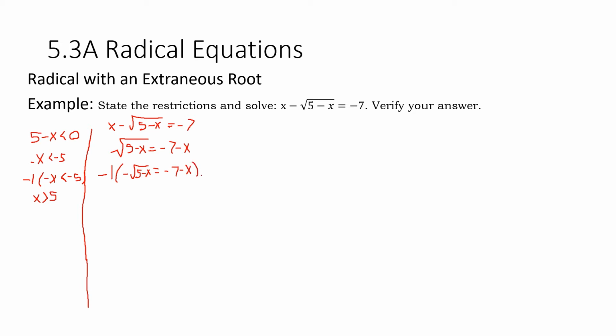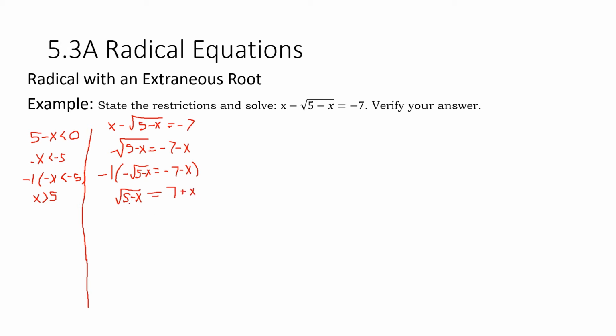Remember, the net result of multiplying something by negative 1 is that all of your terms change signs. So negative 1 times negative root 5 minus x becomes positive root 5 minus x, and negative 1 times negative 7 is positive 7. Negative 1 times negative x is positive x.